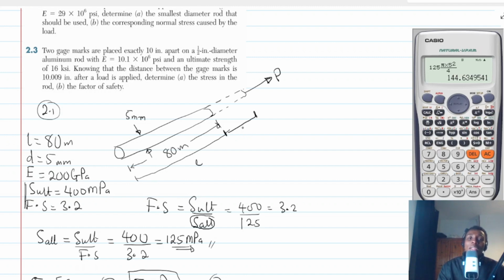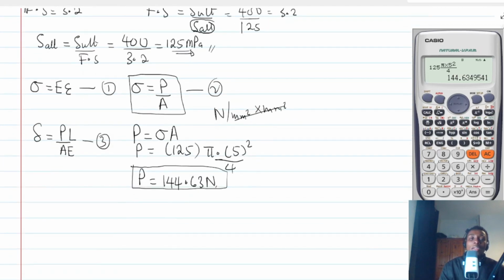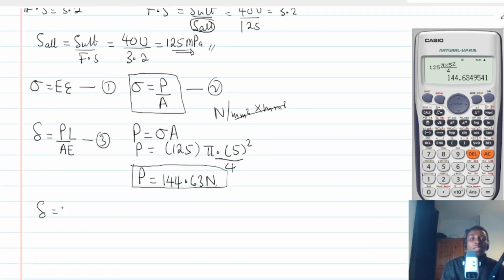The actual elongation is what we have here, and it is given by this formula: the load, the length, divided by A multiplied by E.